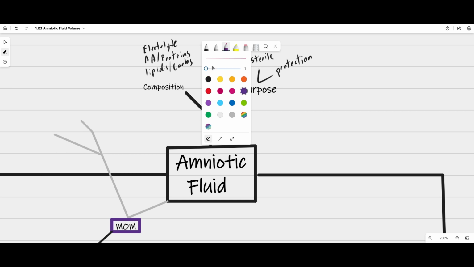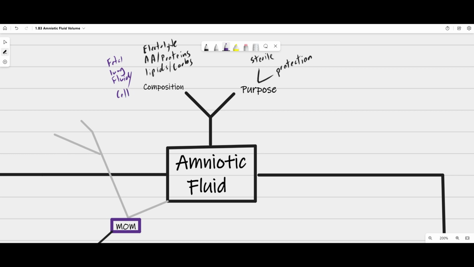So these are things like fetal lung fluid, and even some cells, some fetal cells that we can actually take out and test for depending on a couple things and what we wanted to see.